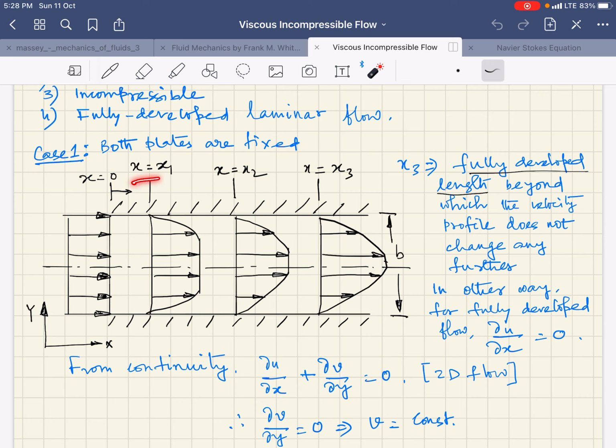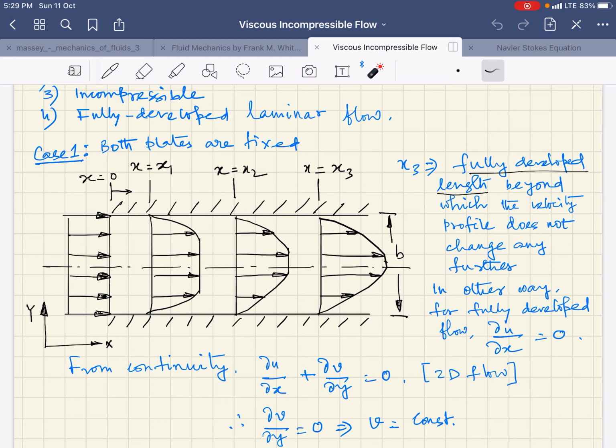At a certain distance, x equals x1, you can see that the velocity profile changes into this particular profile due to the reason it comes in contact with the solid boundary. The two plates are fixed, or stationary, through which you are forcing the fluid to flow.